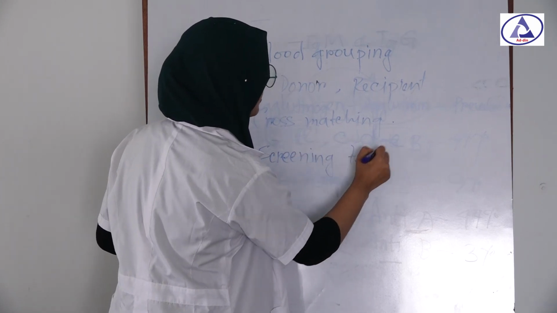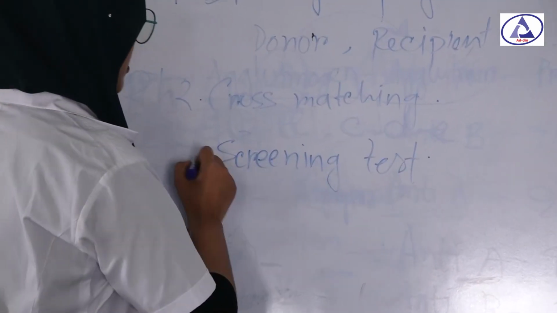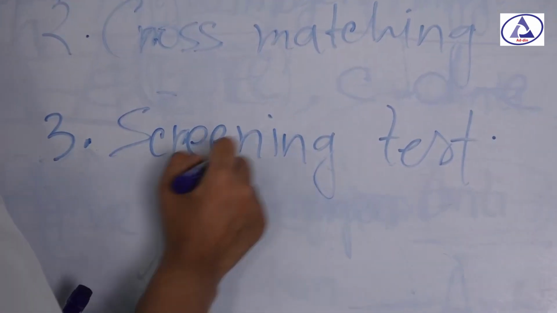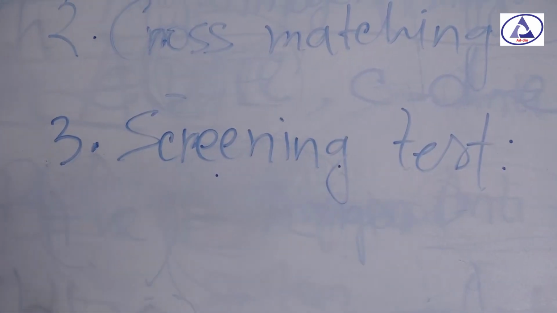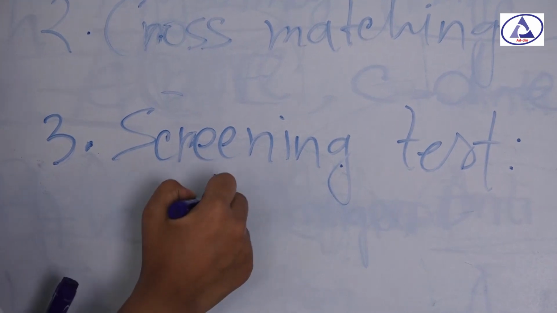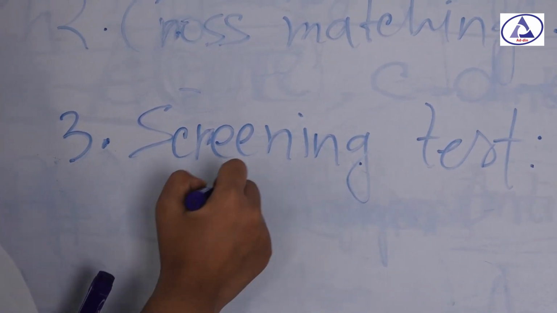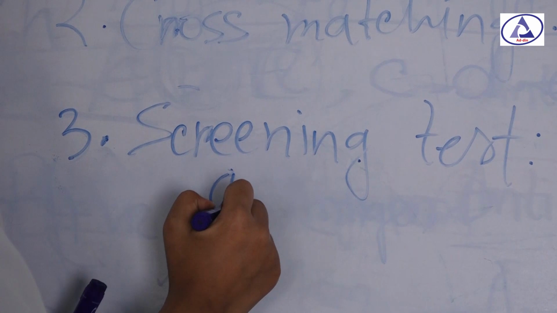What are the screening tests? Why do we do screening tests? We will perform this screening test for donor blood. By doing the screening test, we can identify some viruses, bacteria or parasites.